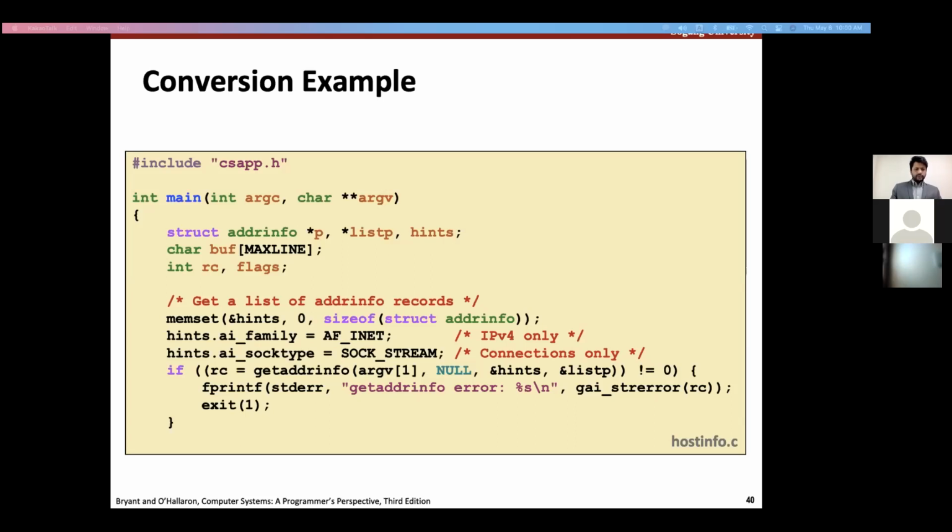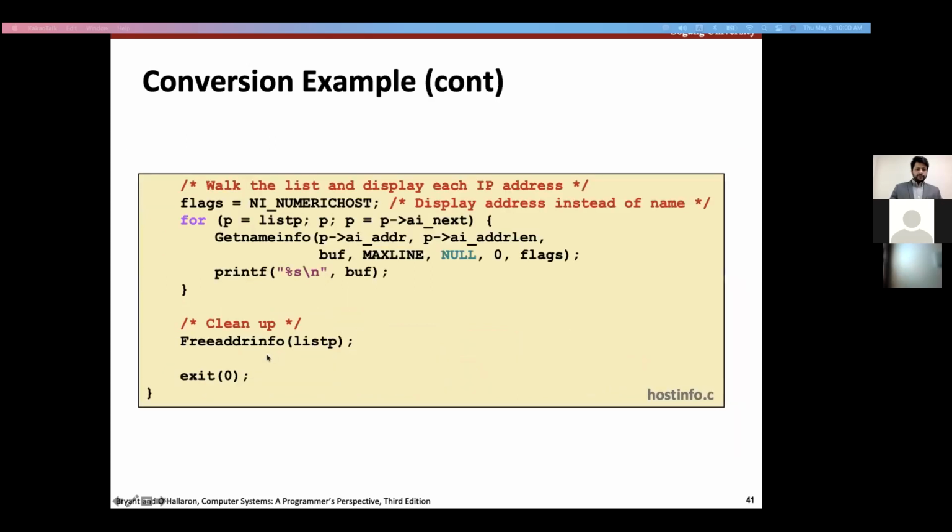In the hints, for ai_family we pass AF_INET and for socket type, SOCK_STREAM, and then we call get address information, which returns a linked list of the addresses we want.